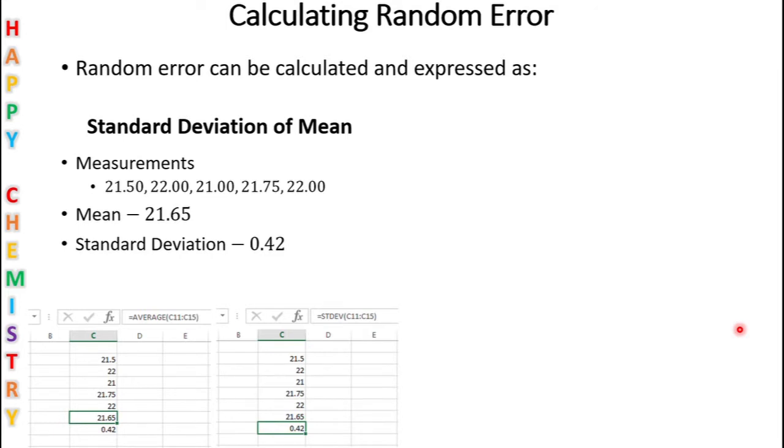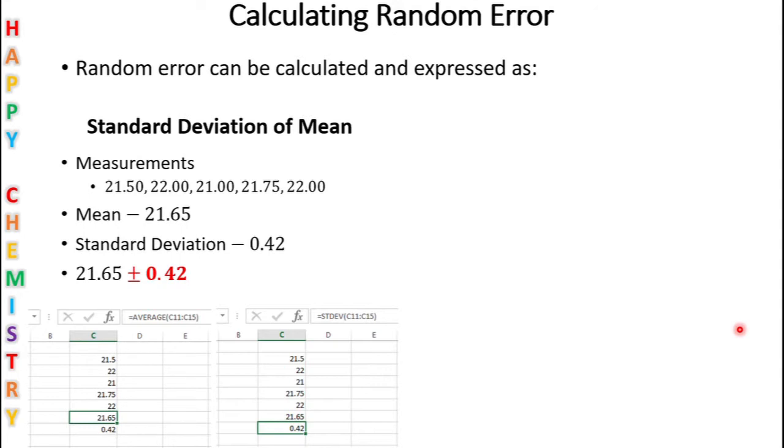Calculated standard deviation is 0.42. Therefore, the associated uncertainty can be expressed as 21.65 plus or minus 0.42.